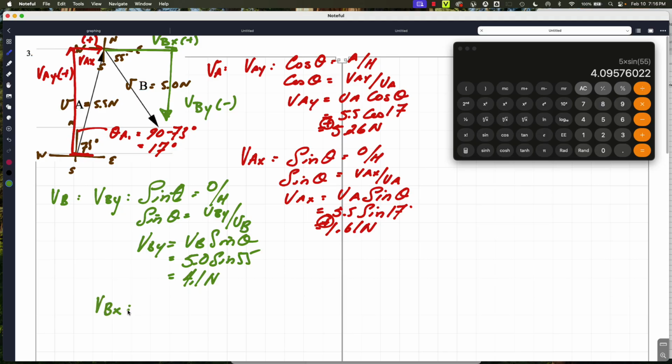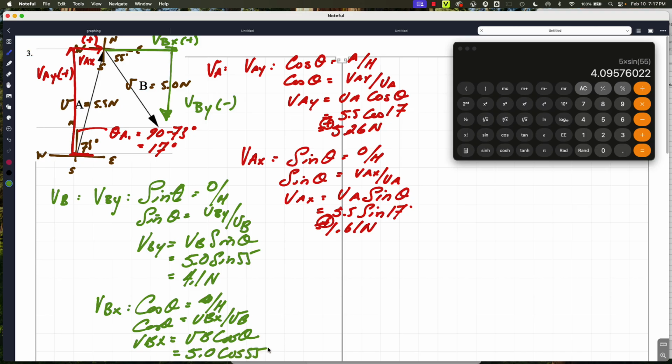VBX is therefore going to use cosine theta ratio of adjacent over hypotenuse, which is VBX over VB. VBX is going to be VB cos theta. This will be 5.0 cos 55.